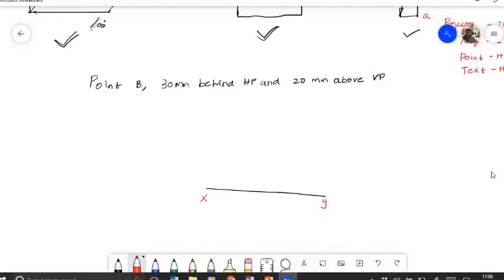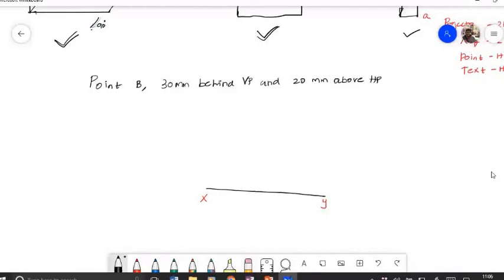It will be above HP and behind VP, sir. Oh, sorry, behind. Yeah, that's right. So it will be below now. Yeah, it's good. Point B is 30 mm behind VP and 20 mm above HP.